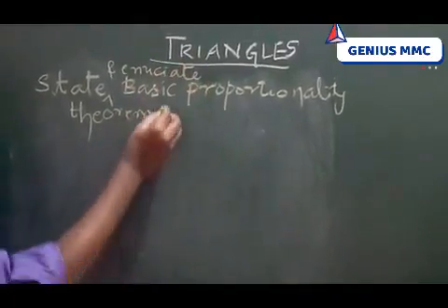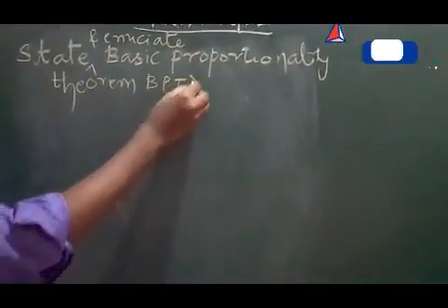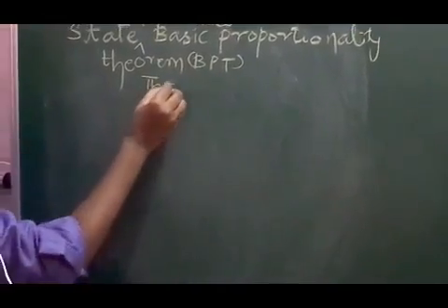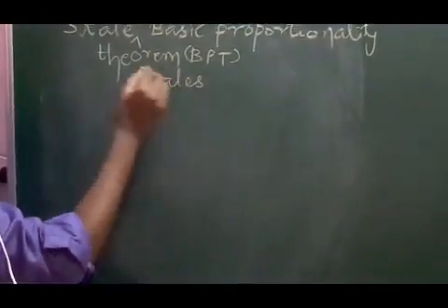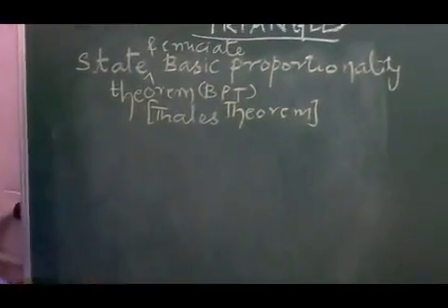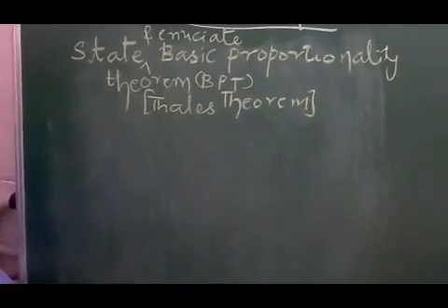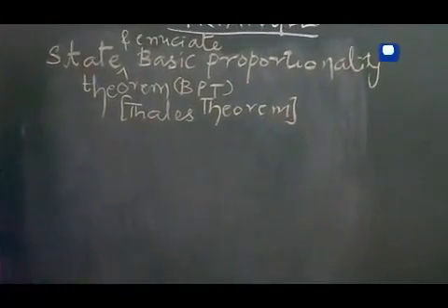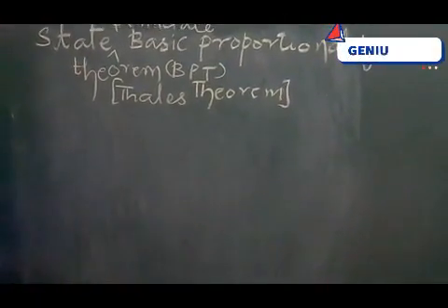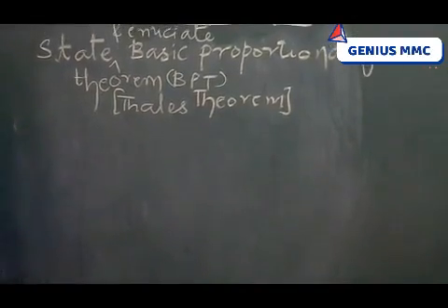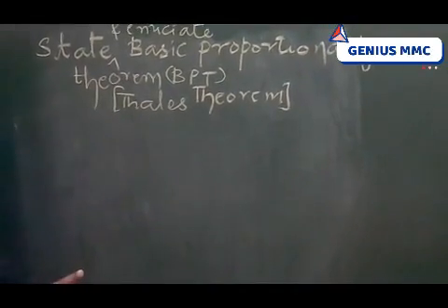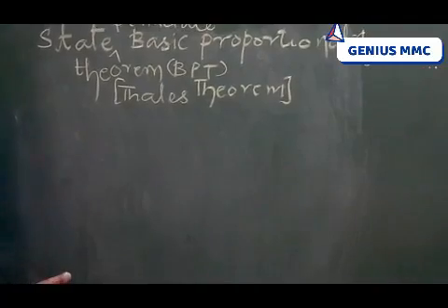I will tell the meaning. BPT is also called what? Thales theorem. Very simple. See here, how to write the definition. It is a 1-mark question for the examination: state the basic proportionality theorem.